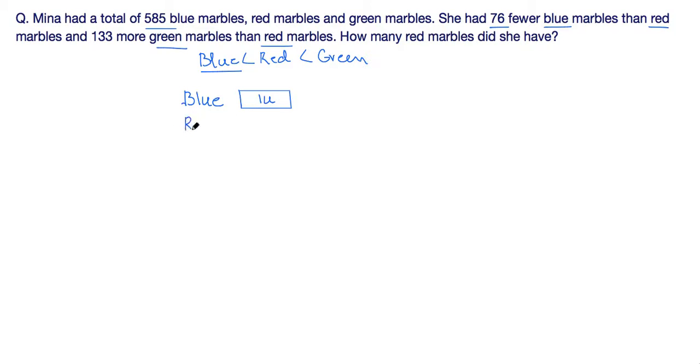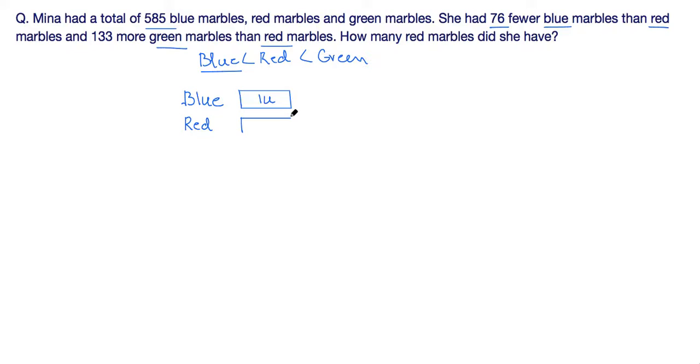Then how many red marbles are there? As we know, she has 76 fewer blue marbles than red marbles. So in other words, there are 76 more red marbles than blue marbles.